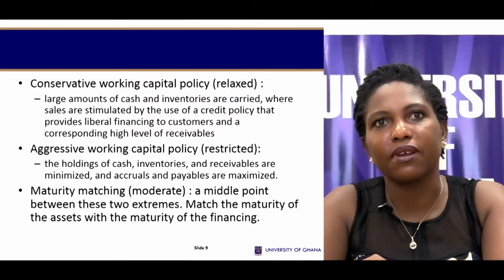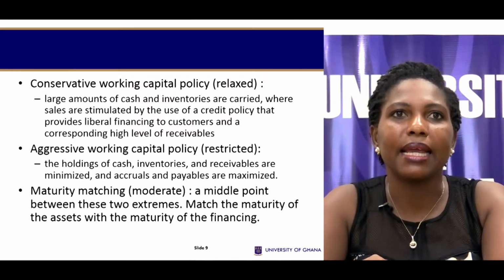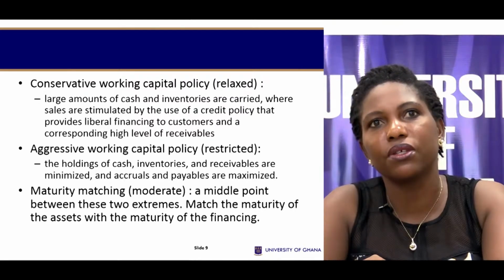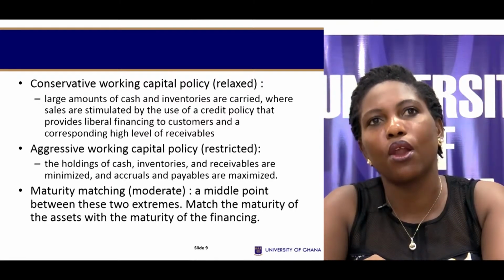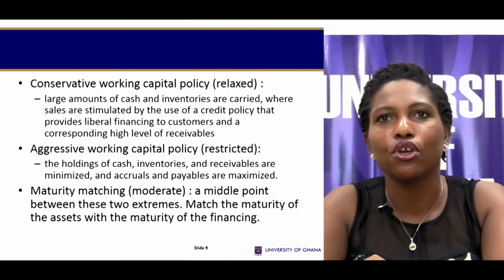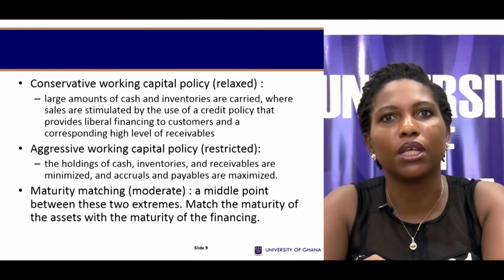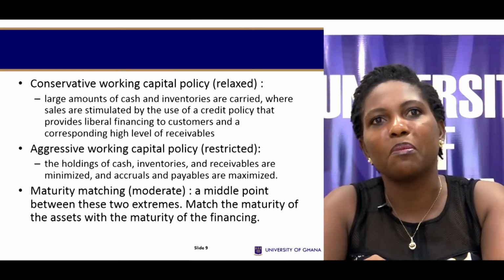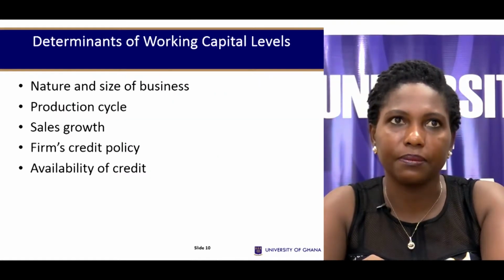On the aggressive group, which is also referred to as a restricted policy, they keep holdings of cash, inventories, and receivables to a minimum, and they try to use a lot of accruals and payables to settle these. The maturity is the middle point between the two extremes. They try to match the assets with the maturity of the financing.